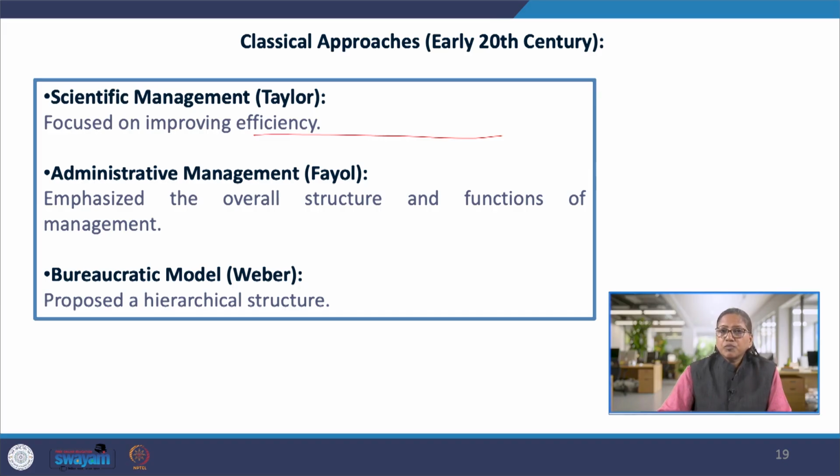The administrative management concept given by Fayol emphasized the structure of the organization and the functions of management: planning, organizing, directing and controlling. The bureaucratic management theory, or model, was proposed by Max Weber, which proposed a hierarchical structure with clear lines of authority, formal rules, regulations and impersonal relationships.